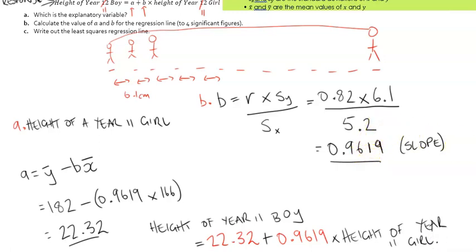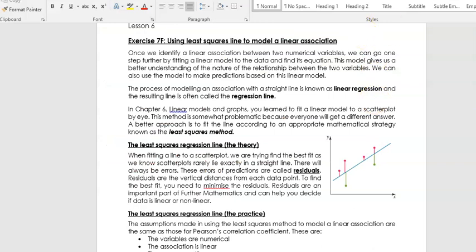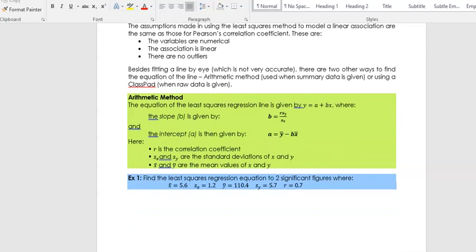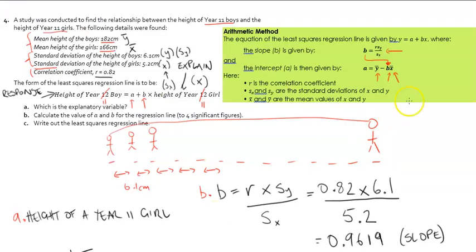So just a summary, make sure you use this arithmetic formula. If you go ahead and check out your lesson 6 notes, exercise 7F, using least squares line to model a linear association, it can be found here. Another note is just knowing what y dash, x dash, s of y and s of x mean.